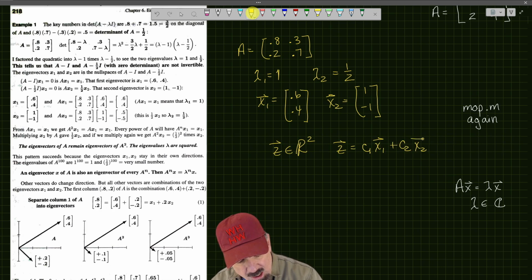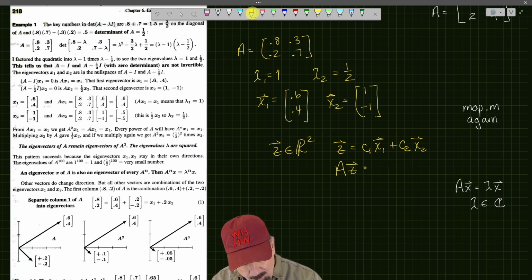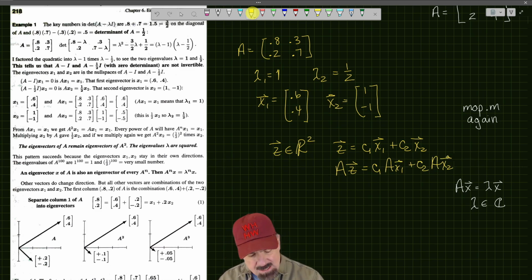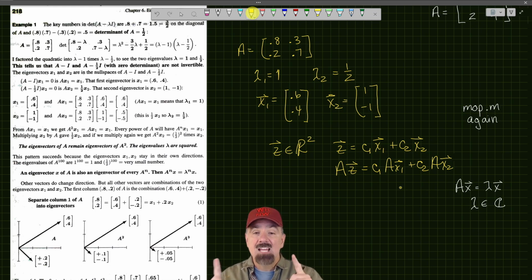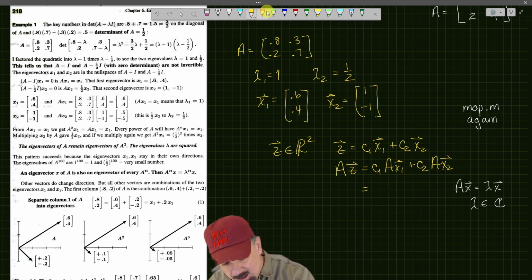And as we just saw, what's going to happen when we apply A to the vector z? Well, we're going to end up with c1 A x1 plus c2 A x2, and we already can see what's going to happen. What is A times x1? It is the eigenvalue times x1. So the eigenvalue associated here is 1.